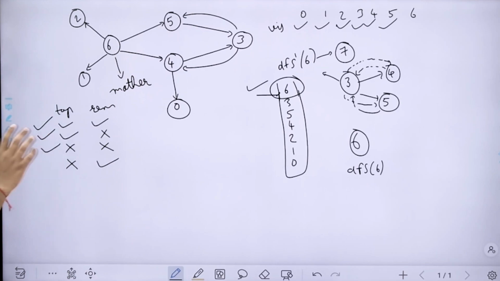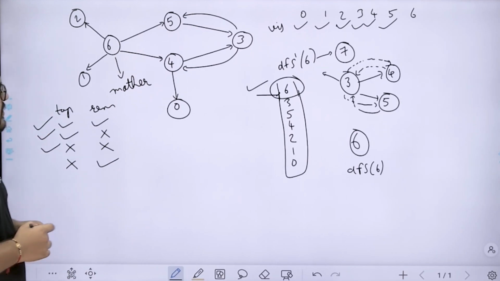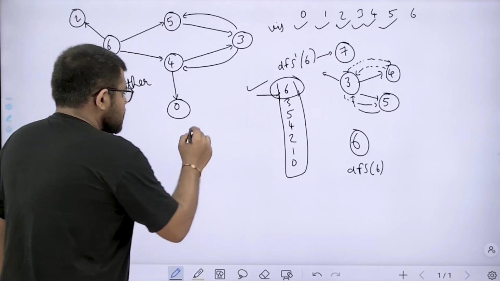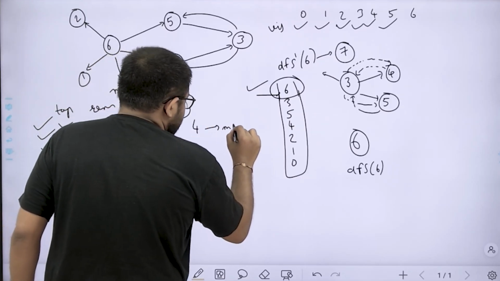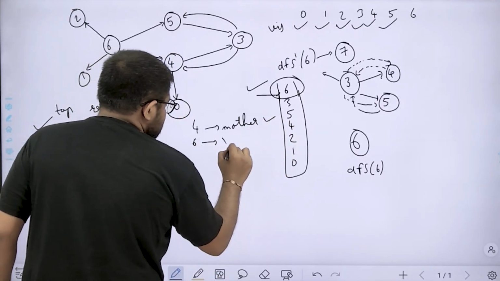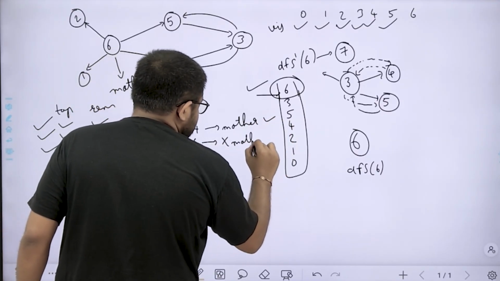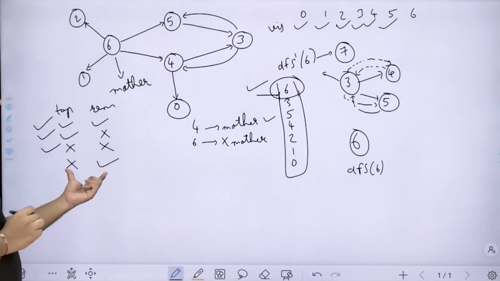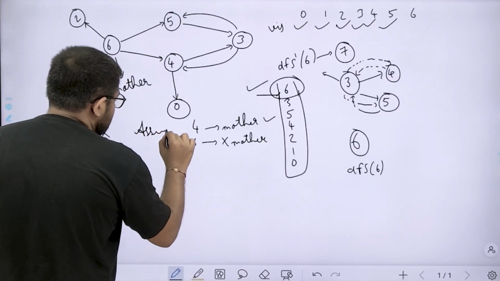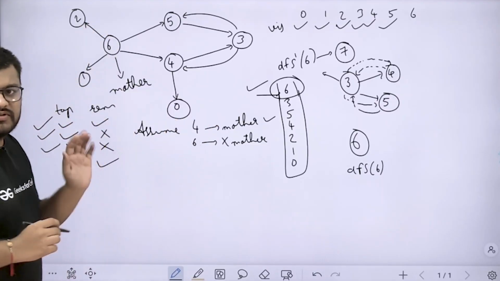Now suppose, let's say 4 is a mother vertex and 6 is not a mother vertex. Suppose that is what resembles this case. So we are taking this example. Assume, don't look at this graph, suppose this is true.